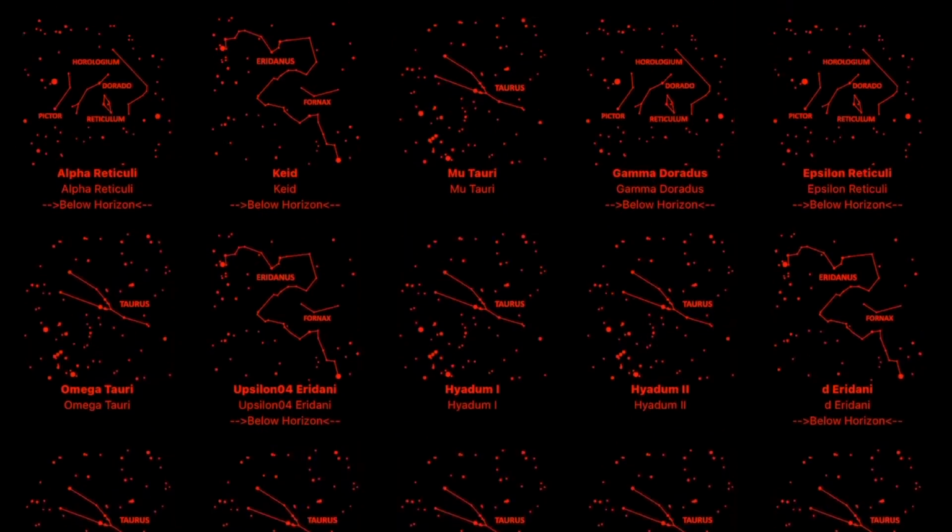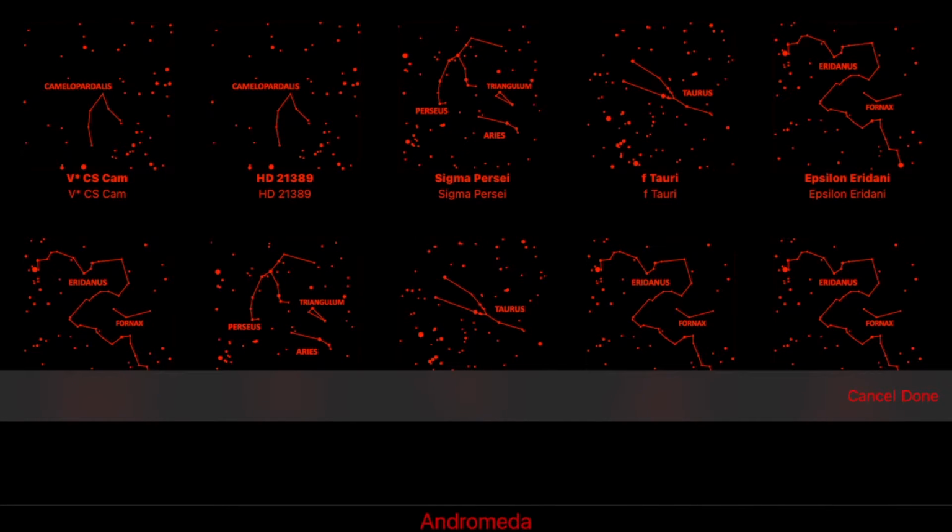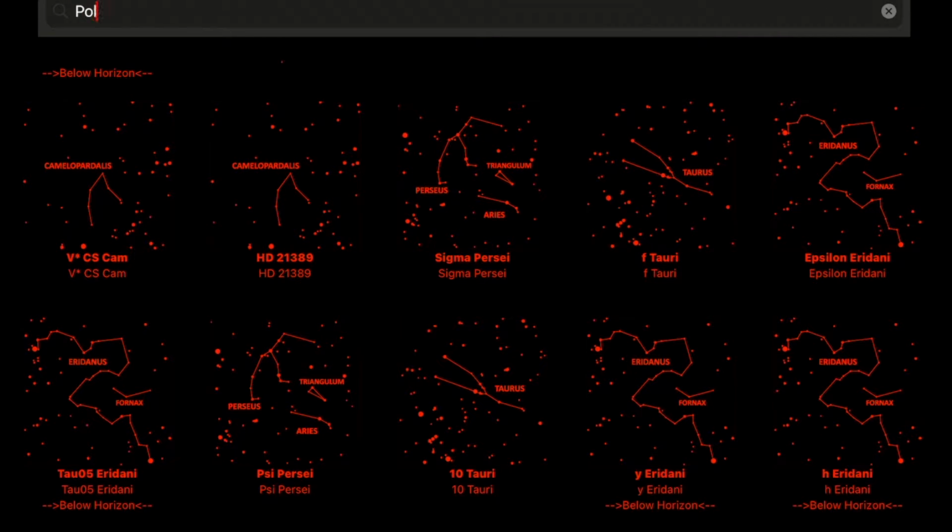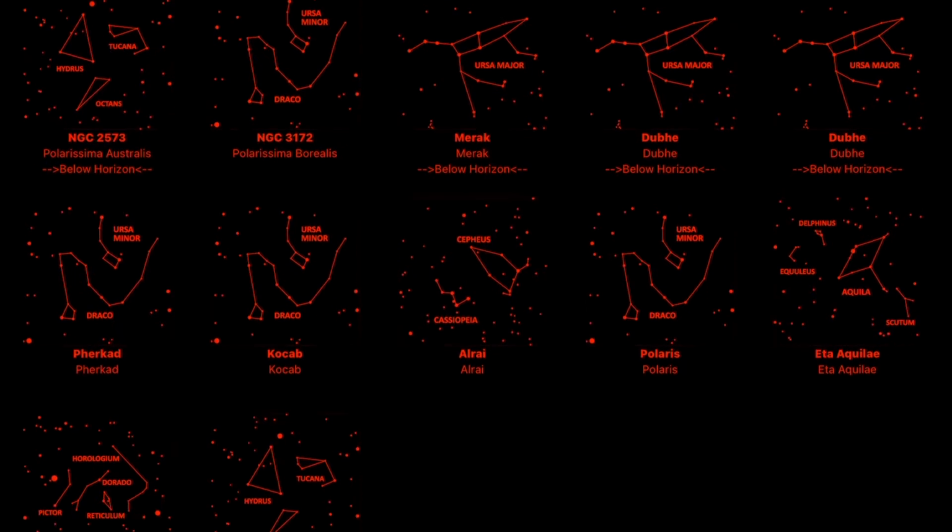Now we can find a star by its common name or by its designation. In this case, I've touched up in the search bar there. First let me get search, so I'll bring up a keypad, and I'm just going to say Polaris, P-O-L-A-R-I-S. All right.